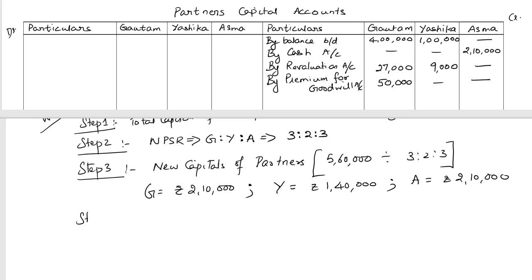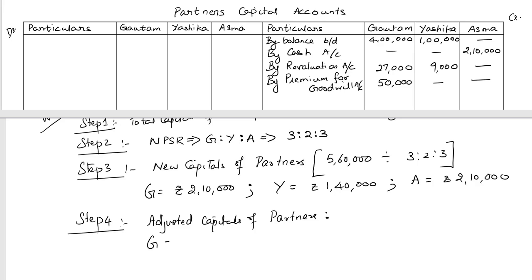Step 4, we need to get the adjusted capitals of the partners, which means the capitals of the partners after all adjustments. We can refer to the top half of the screen where the partners' capital accounts are shown.